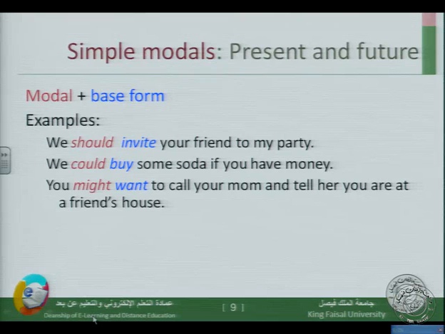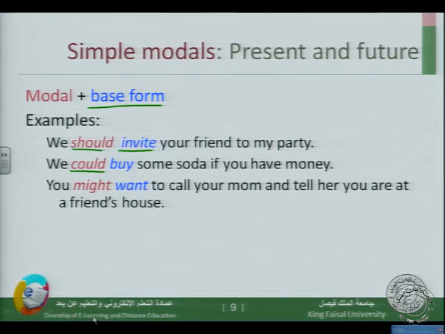The modals we have covered fully must be followed by the base form, the infinitive without to. For example, we should invite your friend to my party. Notice, the should modal is used for advice, and the verb after it is in simple or base form, which is future or present. We could buy some soda if you have money.